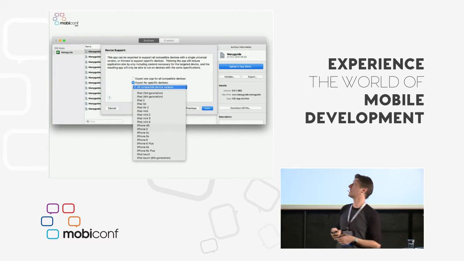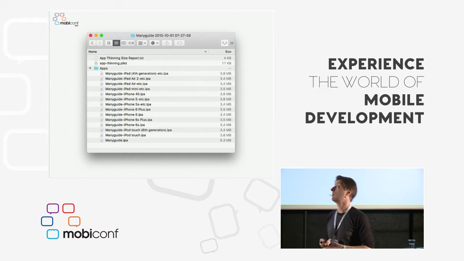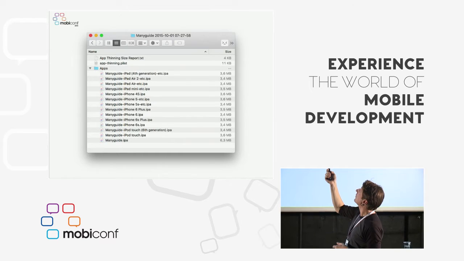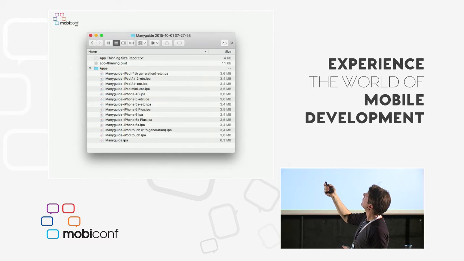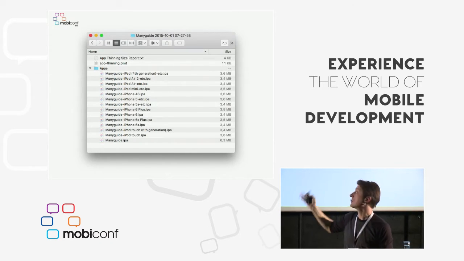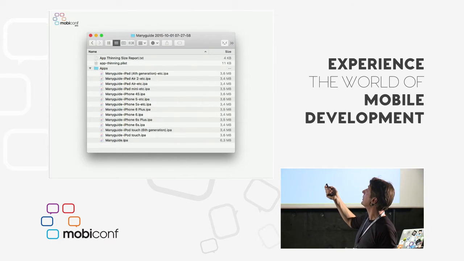So if you do this, I did it just before this presentation with an early build of our app, and the result here is that, okay, this is the only bundle that we would have generated before, the 6.3 megabyte one. There's very few resources in there right now, I should add, otherwise it would be a lot bigger.